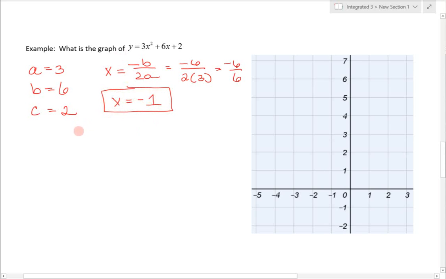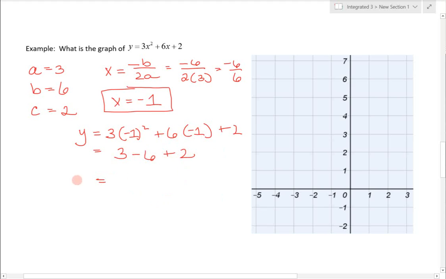Once you know X is negative 1, plug that back into 3x squared plus 6x plus 2. So once you plug negative 1 in here and you start evaluating, negative 1 squared is 1, times 3 is 3. Okay, negative 1 times 6 is negative 6, and then plus 2.